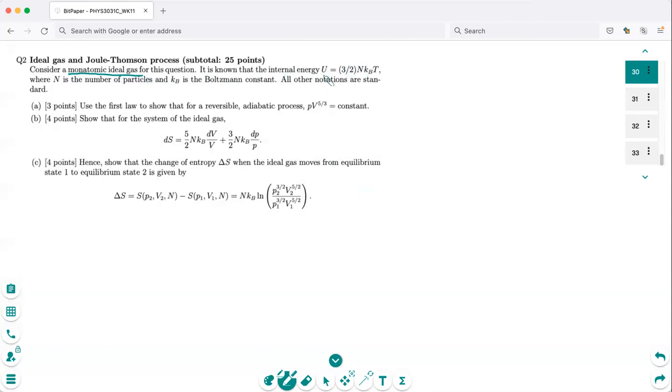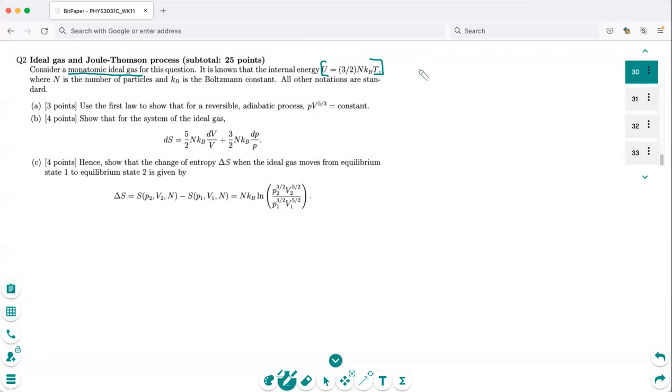Of course, you probably didn't know this result, so I gave it to you. This is a specific form of the internal energy for a monatomic ideal gas, and question 1 asks you to use the first law to show this result. For a reversible adiabatic process, you get this result.